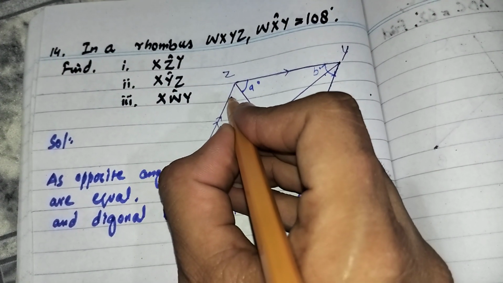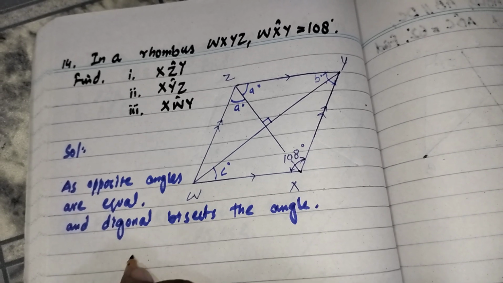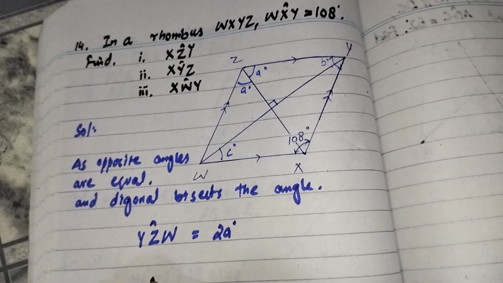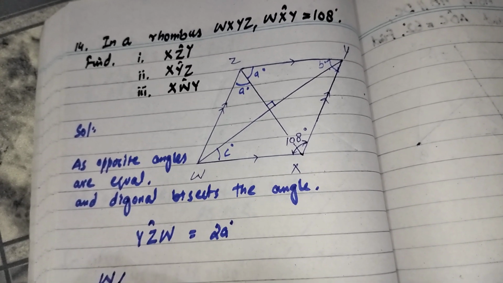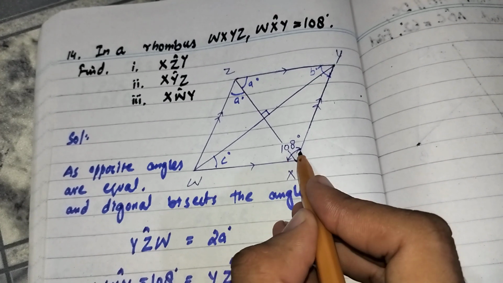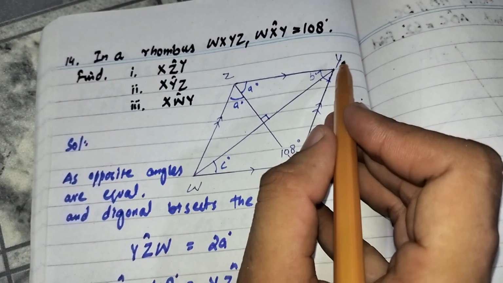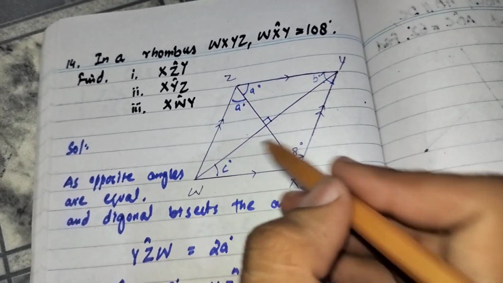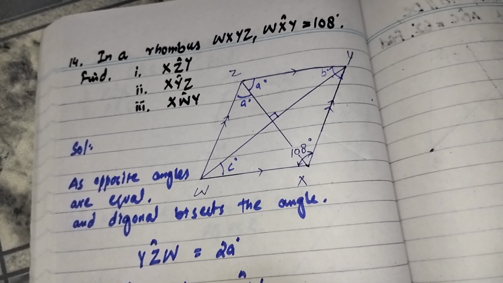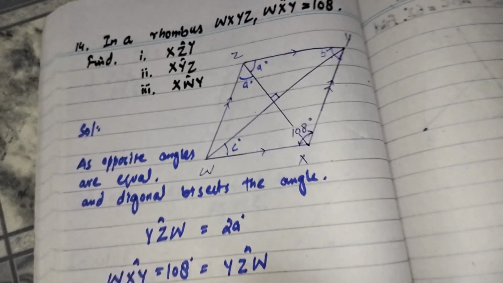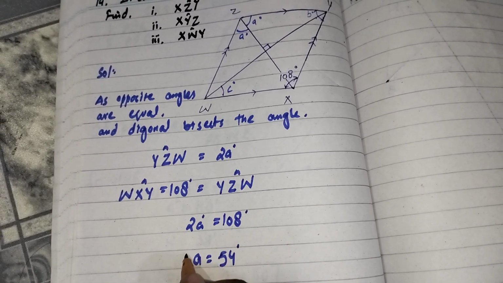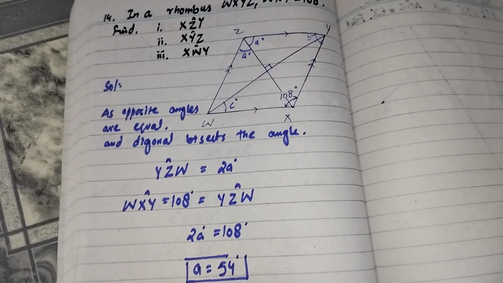It means that if it is A degree, the other part is also A degree, so angle YZW will be 2A degrees. Angle WXY, which is given as 108 degrees, must be equal to angle YZW, the opposite angle. So 2A equals 108 degrees, and A must be equal to 108 divided by 2, which is 54 degrees. So the first angle which we have to find, XZY, is 54 degrees.